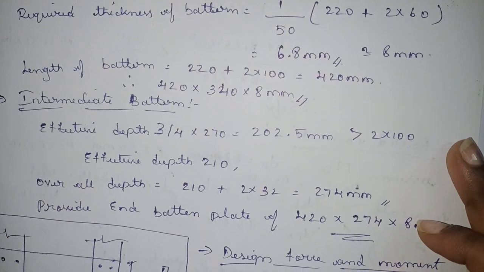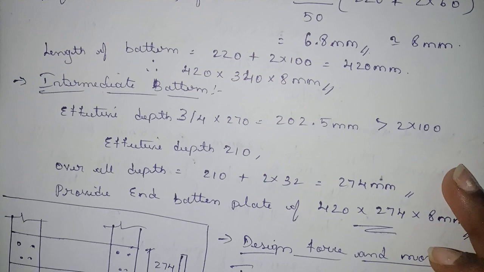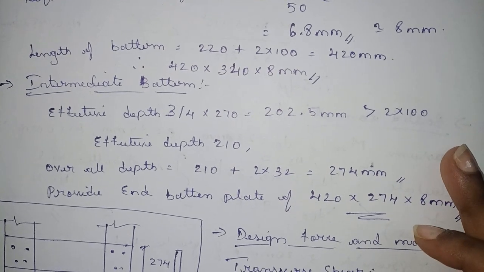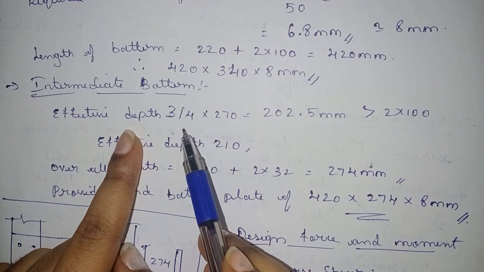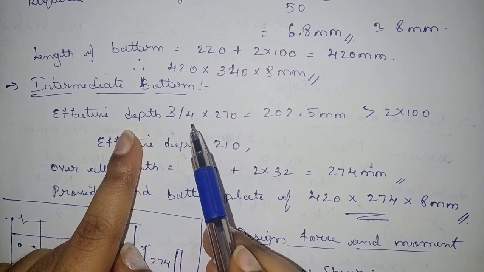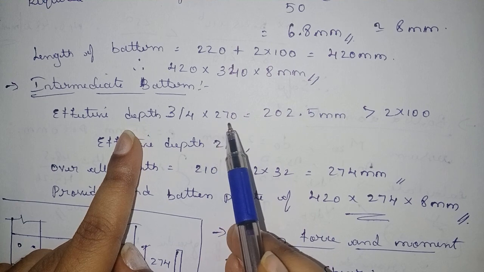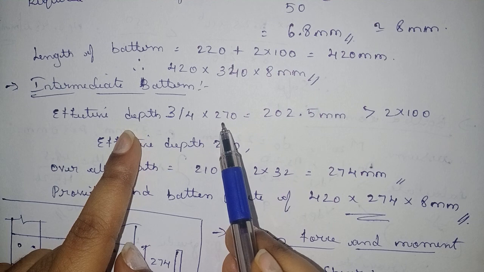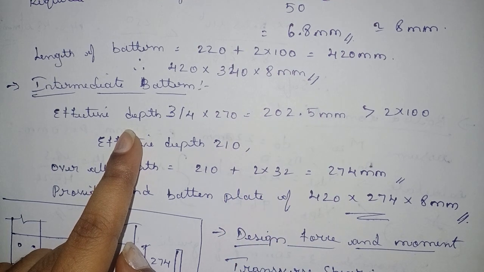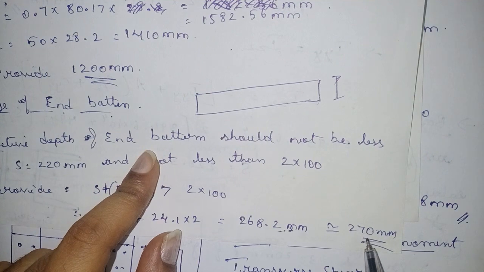So this is about the end battens. Now we go to the intermediate battens. To calculate the intermediate, the effective depth can be calculated by 3 by 4th of the end batten effective depth. What is the effective depth? 3 by 4th of the effective depth is how much? 270, right?